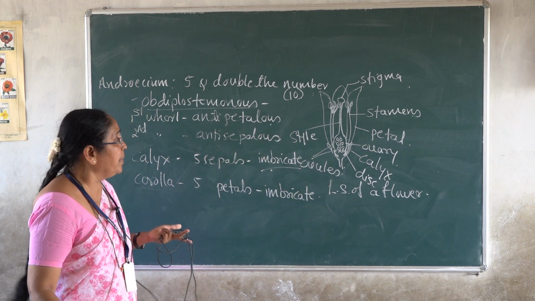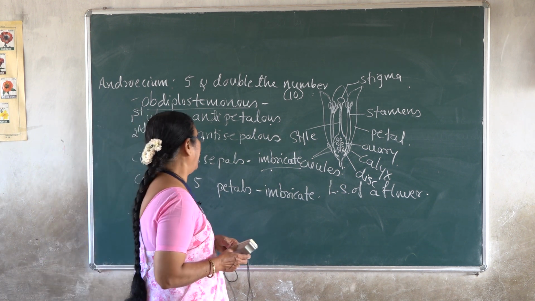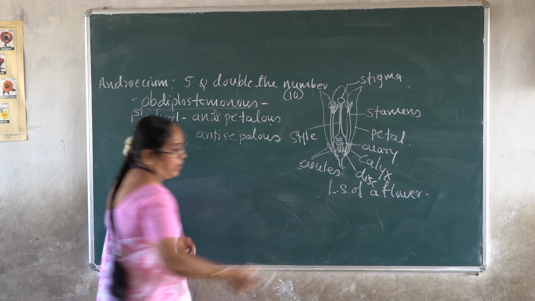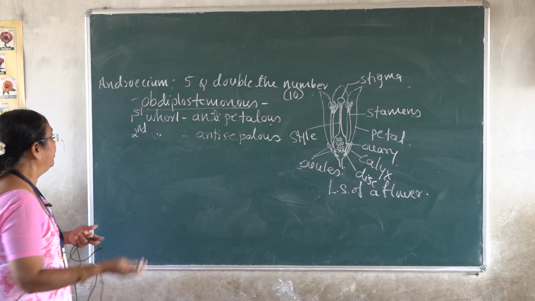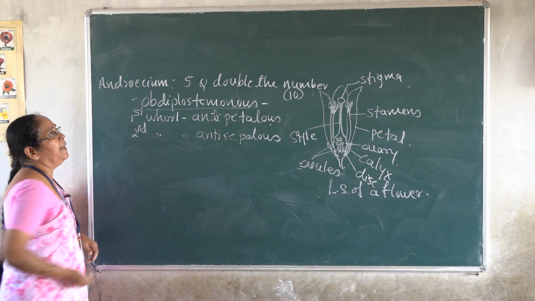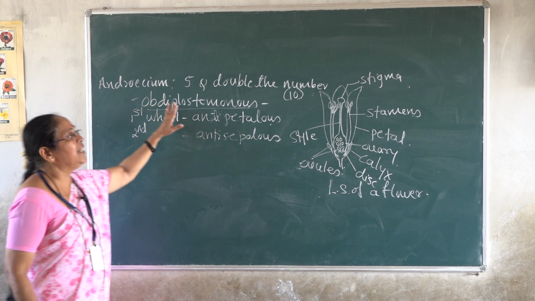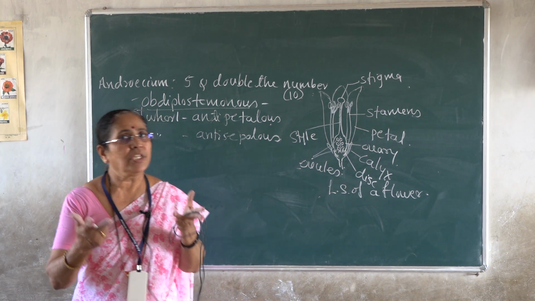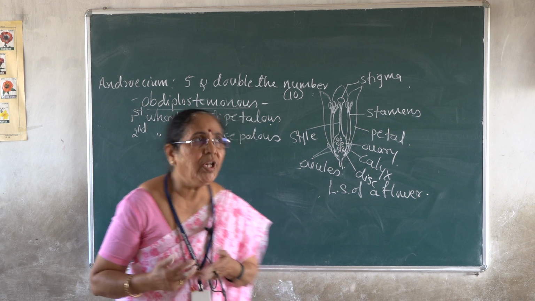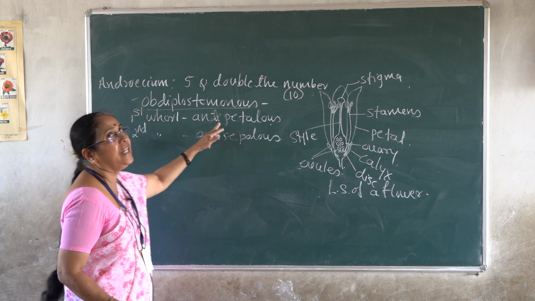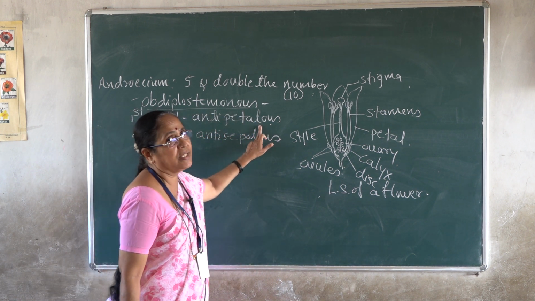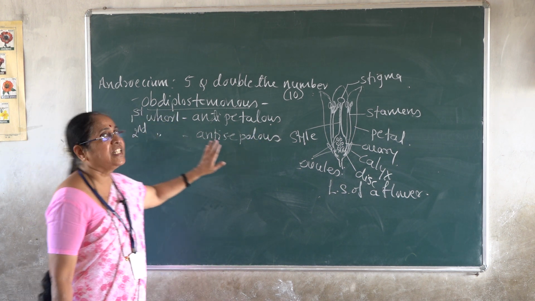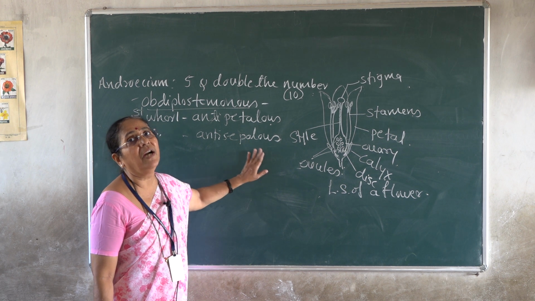This can be shown by drawing the floral diagram. When you check the previous video, you will get the diagram there. Obdiplostaminous condition means the flower contains 10 stamens arranged in 2 whorls of 5 each. The outer whorl is antipetalous, meaning opposite to the petals, alternating with the sepals. The inner whorl of 5 stamens is antisepalous, meaning it is alternating with the petals.